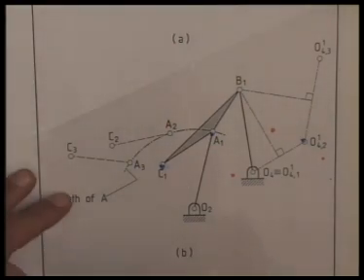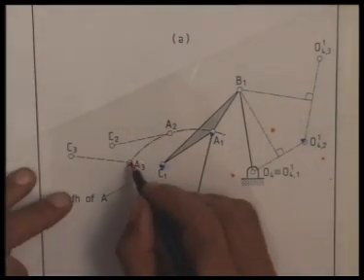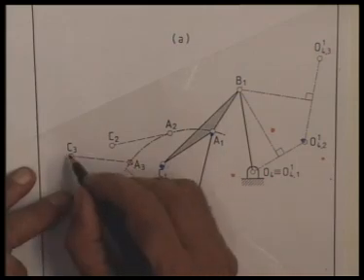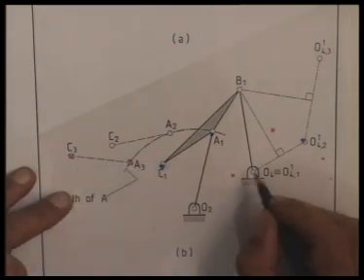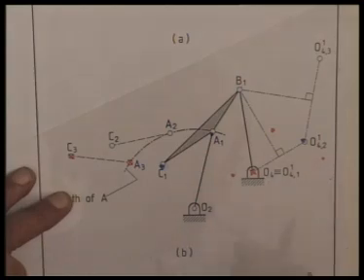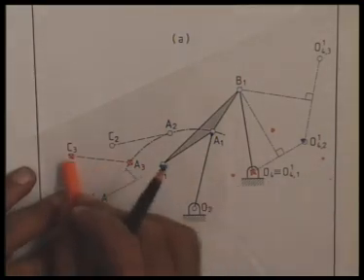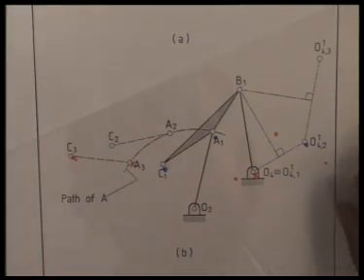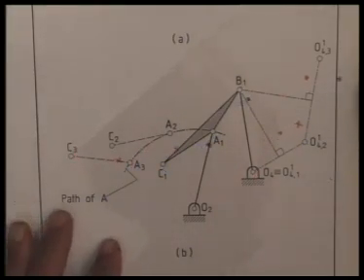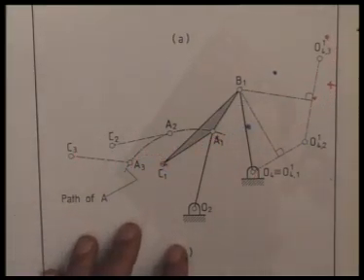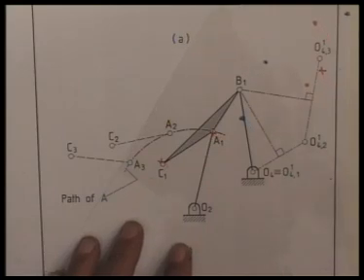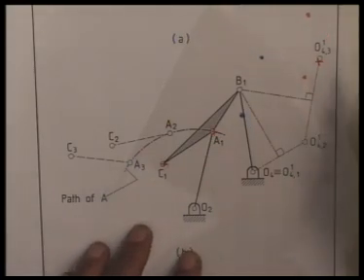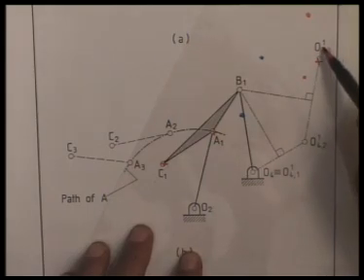Similarly, we mark A3, C3 and O4. These are the relative positions of A, C and O4 in the third configuration. Because we are inverting on the first configuration, I take C3 to C1 and A3 to A1. And wherever O4 goes, that I call O4,3,1.